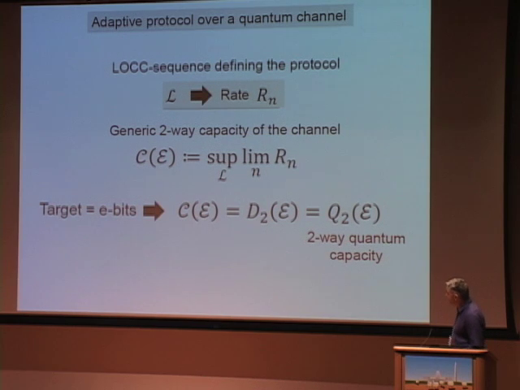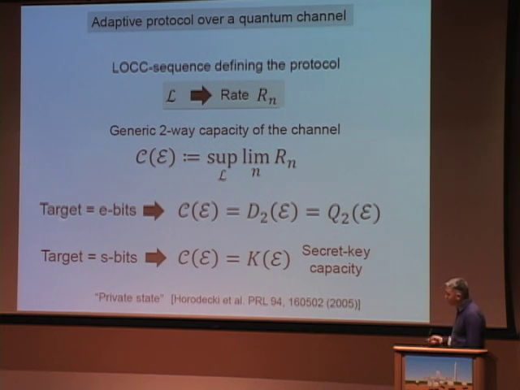But this is also equal to the two-way quantum capacity of the channel, because in this setting with two-way classical communication, it's completely equivalent. If you're able to distribute an ebit, you may teleport a qubit. If you're able to transmit a qubit reliably, then you can send an ebit. So there is a one-to-one correspondence between these two quantities. That's the maximum number of qubits that you may send through the channel per use of the channel.